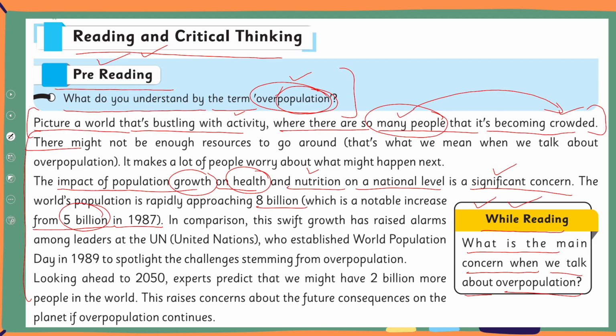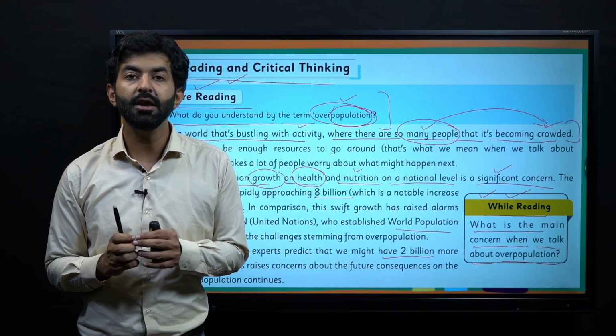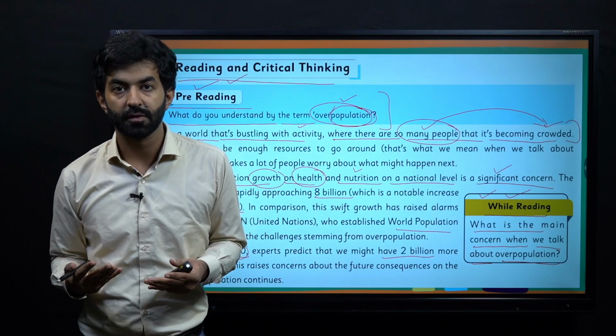And World Population Day was introduced in 1989 to spread awareness, and by the year 2050 the population will increase by 2 billion more people. These are important things that we need to underline to present our evidence and reference.